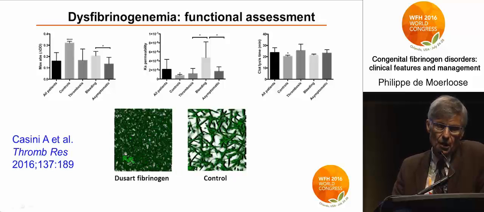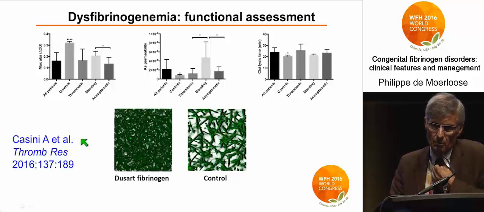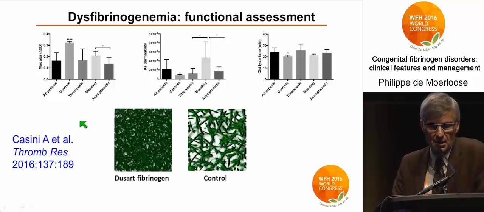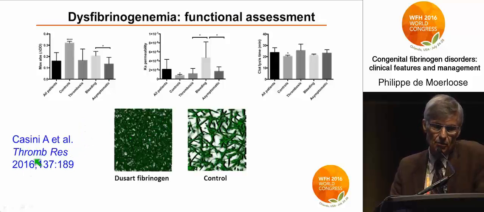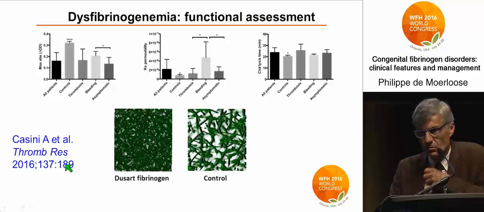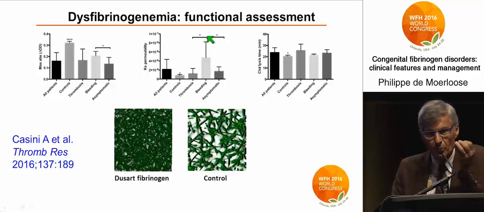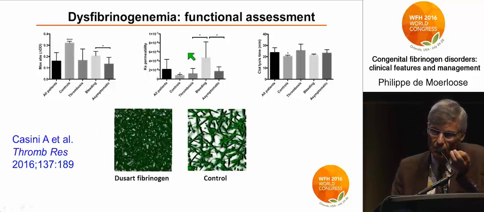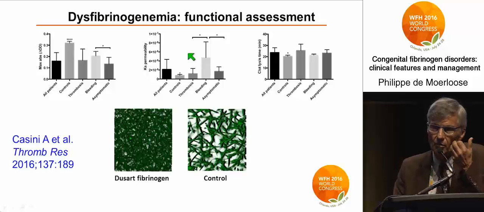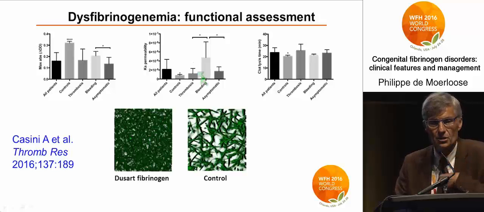What we do in Geneva, with the collaboration of Robert Ariëns in Leeds, where Alessandro Casini, who works with me, went to spend 1 year, is that we are doing many other tests to see if the fibrin structure and what is going on in the clot could teach us more about predicting a bleeding disorder.